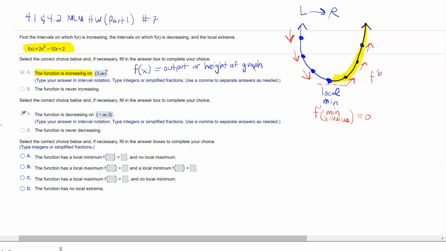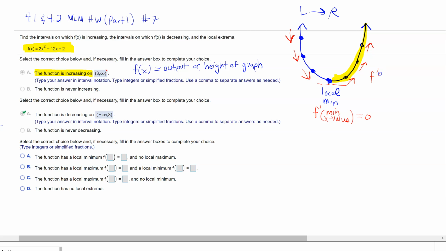And then this last question is just asking us to find any local extrema. That's a local min or a local max. And we've done that when x equals 3. But x equals 3 is where the local min is happening. It's not the actual minimum of the function. The minimum of the function is that lowest output, or that lowest height on the graph.